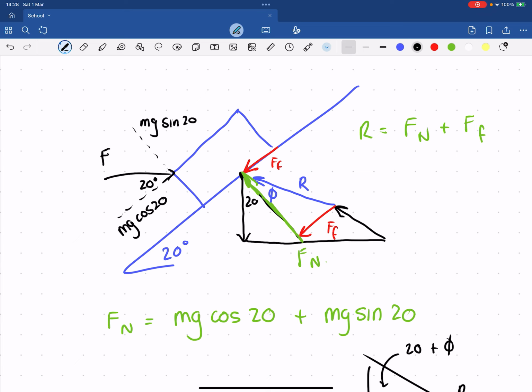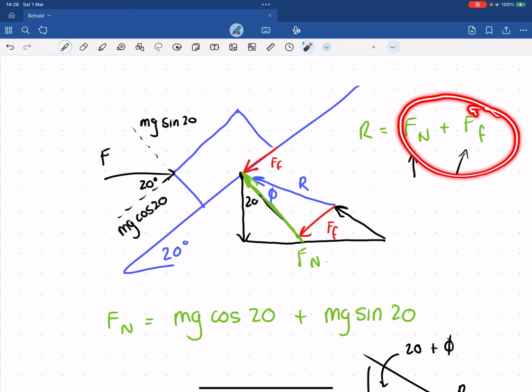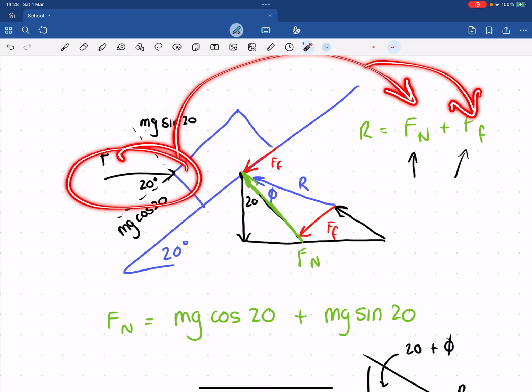However, since this normal force and this frictional force were influenced by this force here, that force that was acting upon the object actually contributed to these numbers. The components of this force are within these numbers here.